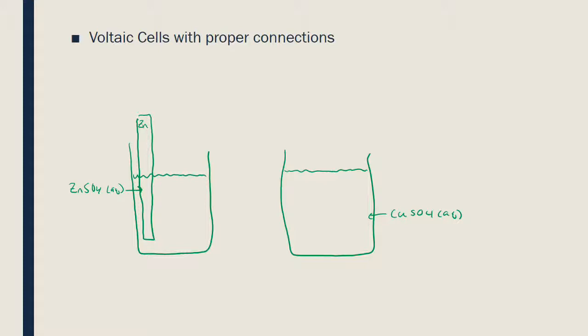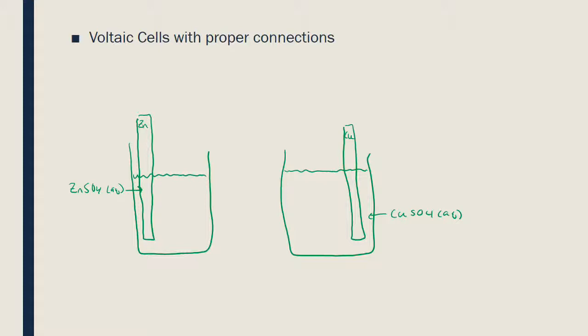And that means our other electrode would need to be the pure form of copper. All right? So then what needs to happen is we need to have an external wire in which we connect our two half cells. So this is the zinc half cell and this is the copper half cell. All right?